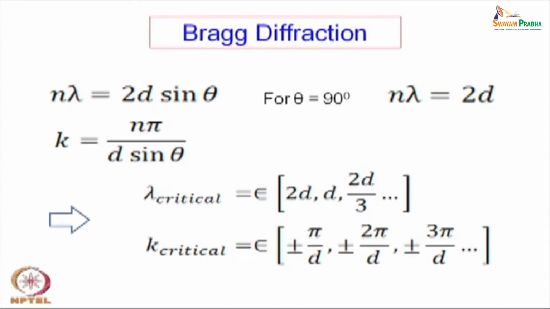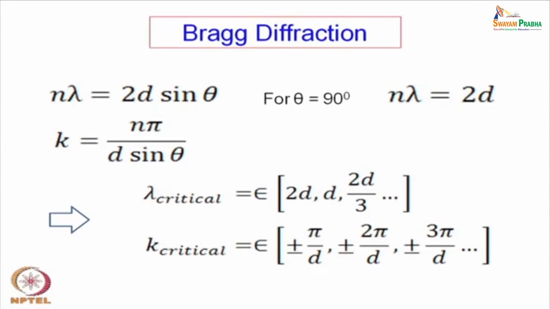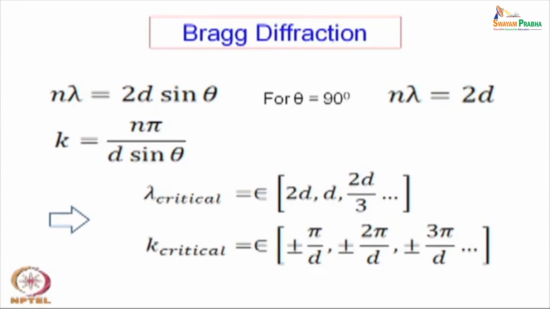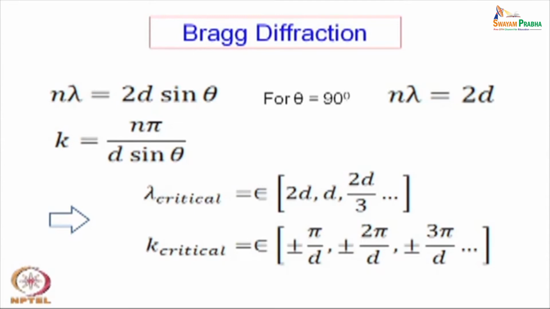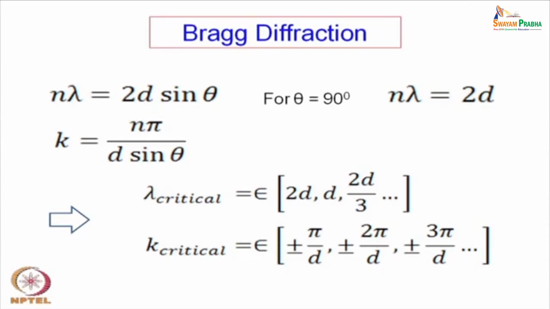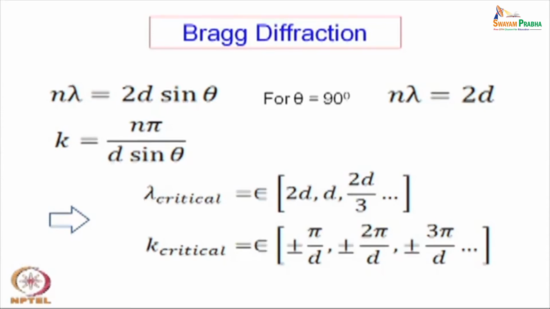As we know, whenever there is a periodic lattice through which an electromagnetic wave is passing, there will be some scattering, and under certain conditions that scattering becomes constructive interference, and that is given by the so-called Bragg diffraction, n lambda equals 2 d sin theta. That also applies because the electron is being considered here as a wave, a kind of electromagnetic wave.